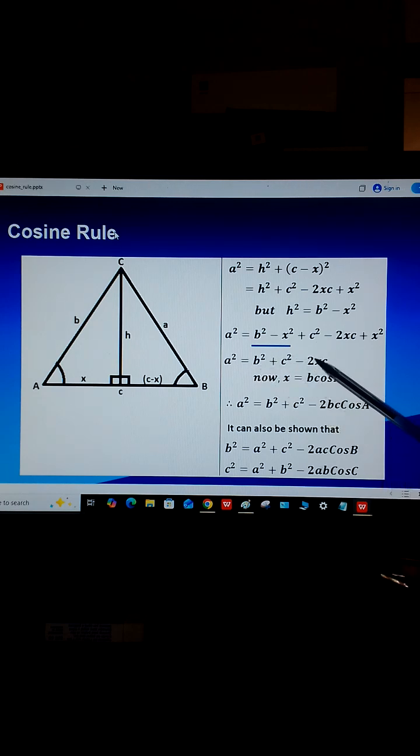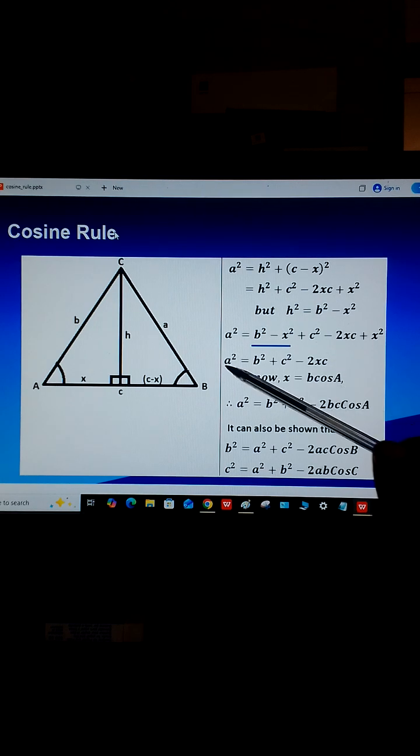Where there is x, we put b cos A. So we find that a squared is equal to b squared plus c squared minus 2bc cos A. Now, that is the cosine rule.